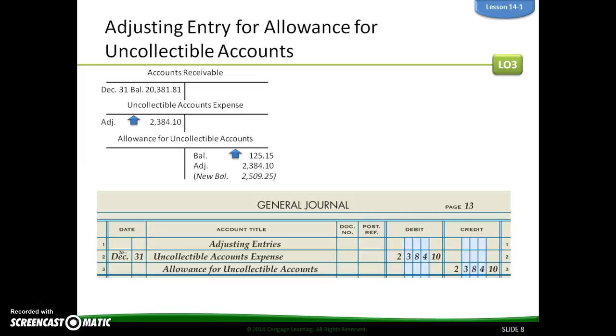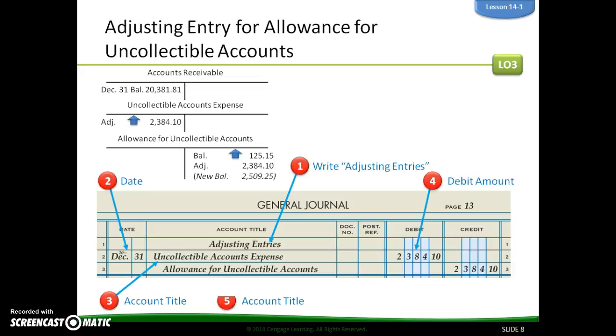So in our general journal, we're going to debit the uncollectible account expense, and then we're going to credit the allowance for uncollectible accounts. Okay. You want to remember that these are adjusting entries, so we do them at month end. And you can see the account titles, the debit, and the credit amounts.